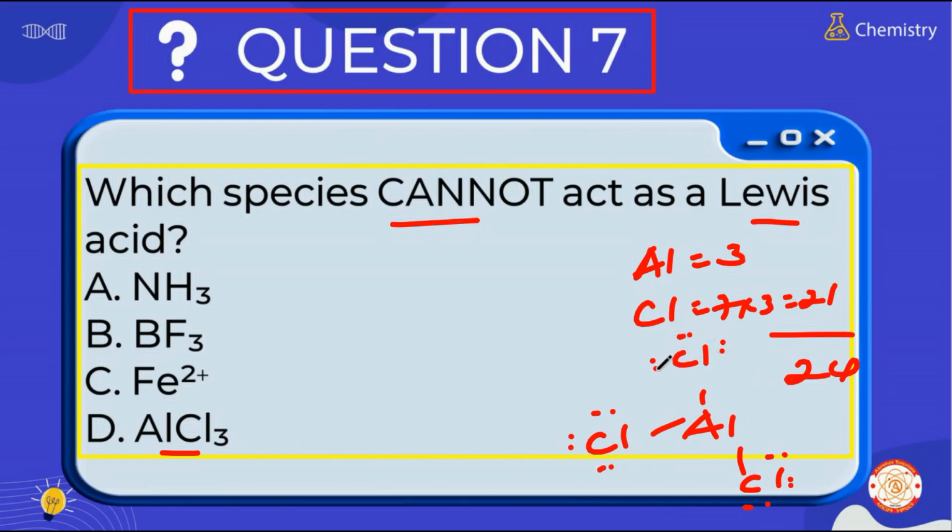So how many electrons are there around the central atom? We have only 6, right? 2 here, 4, and then another 2. We have a total of 6 electrons. So this is an example of less than octet. Therefore, it acts as a Lewis acid.